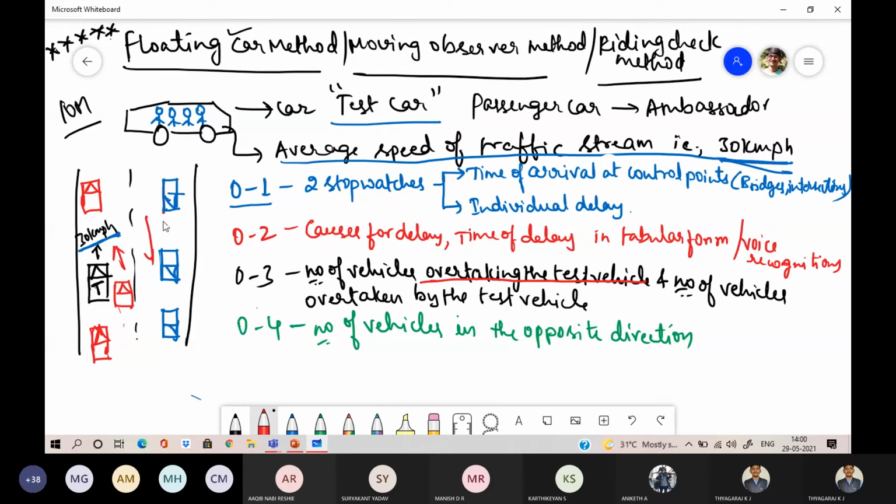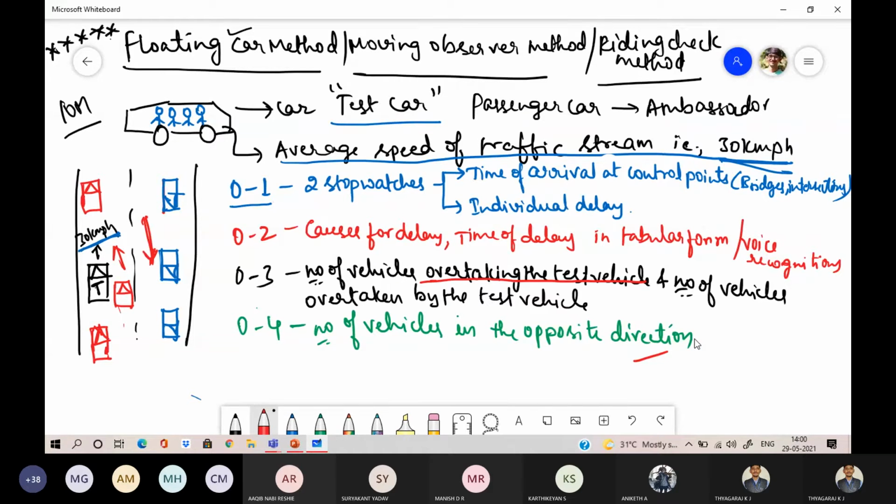So the test vehicle will be moving like this, and the vehicles coming from the opposite direction, you will be noting down. From all these data, we are going to get the delay, cause for delay, and number of vehicles overtaking and overtaken, and from them we get the travel time and journey speed of your vehicle.